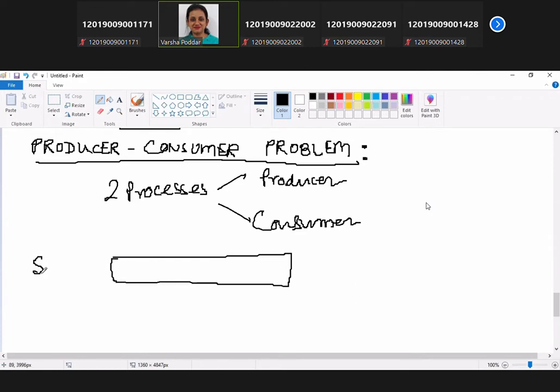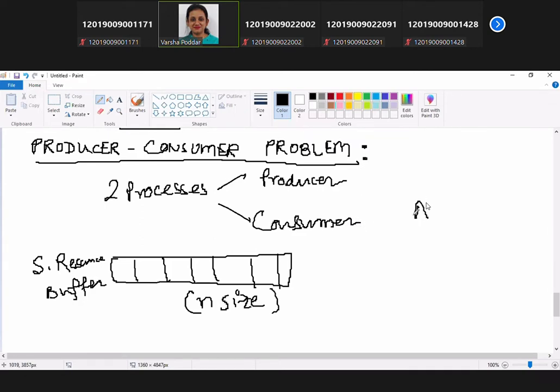This is your shared resource. So your shared resource is having n sized values, right? So what is the concept? Producer produces and consumer consumes, right?